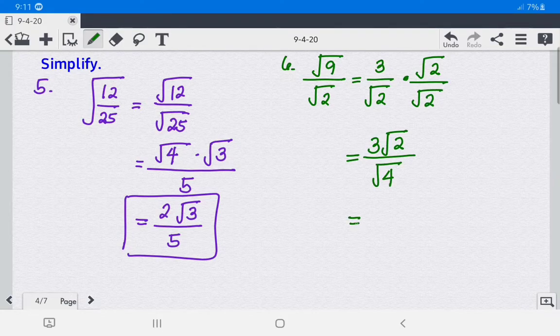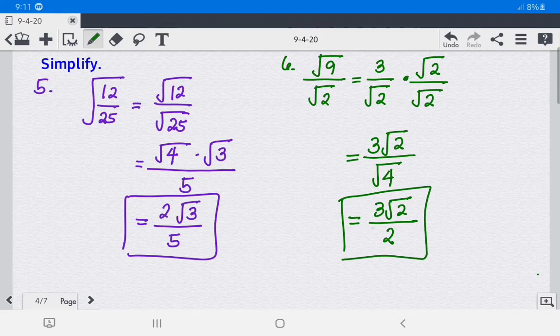So that is 2. So you will just copy the numerator, 3 square root of 2, then over 2. Now you cannot cancel the square root of 2 and the 2, because they are not similar terms, okay? So the answer is 3 square root of 2 over 2.